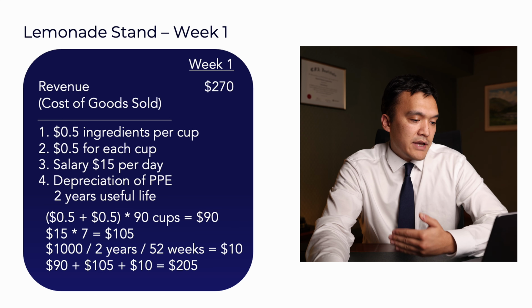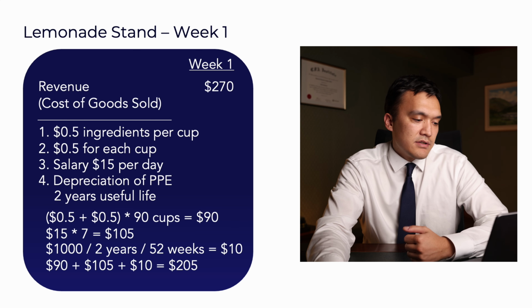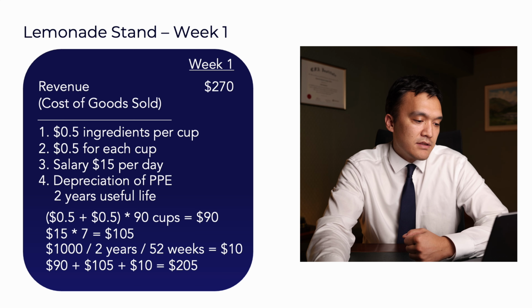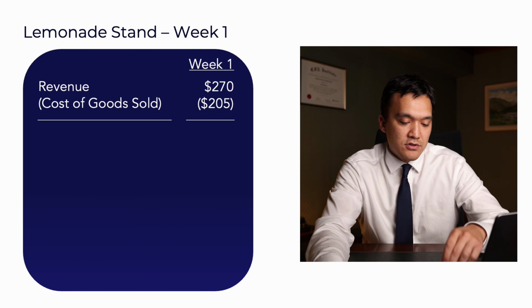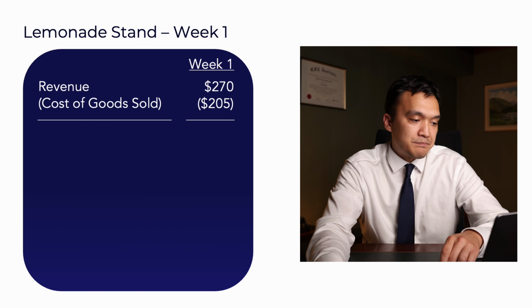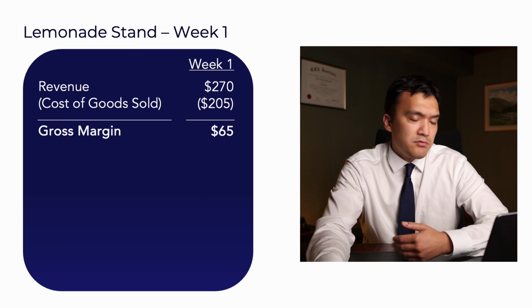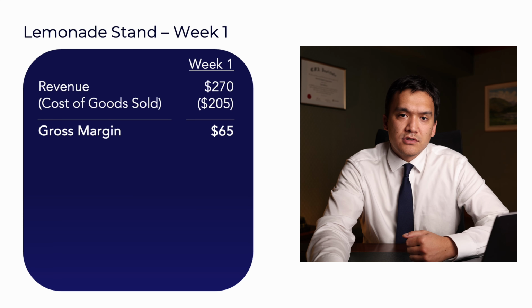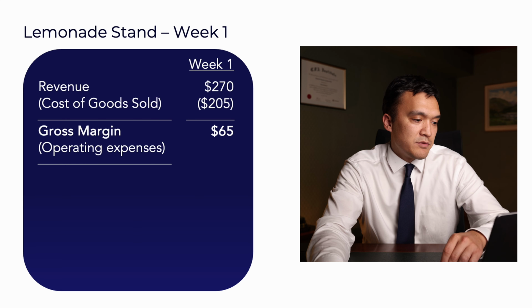Now if we add $90 of raw materials, $105 of salary expenses and $10 of depreciation expenses, we get $205 of cost of goods sold. Then if we subtract $205 from our revenue, we get $65. This is our gross margin.